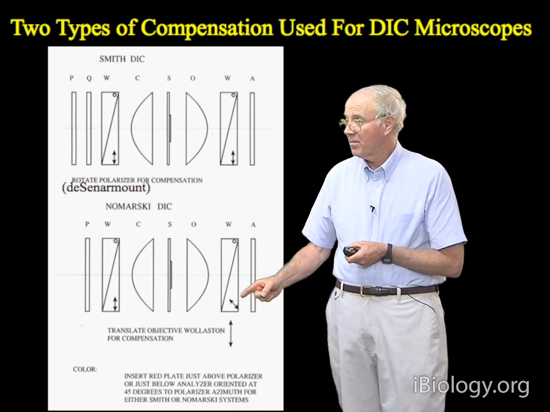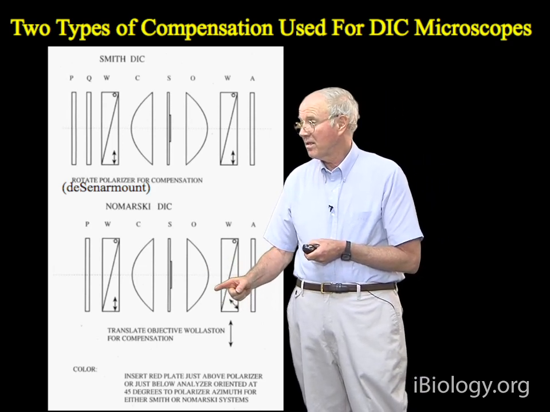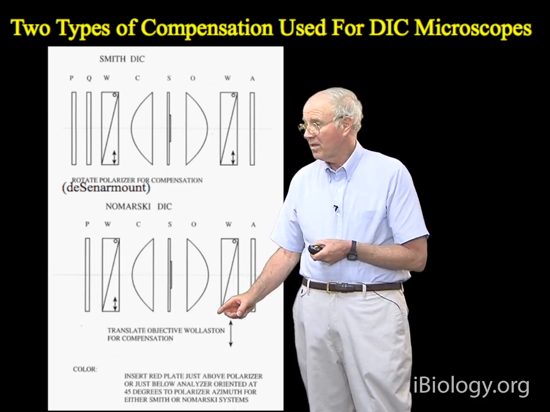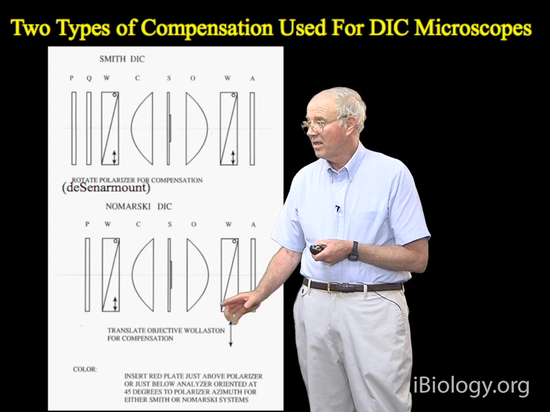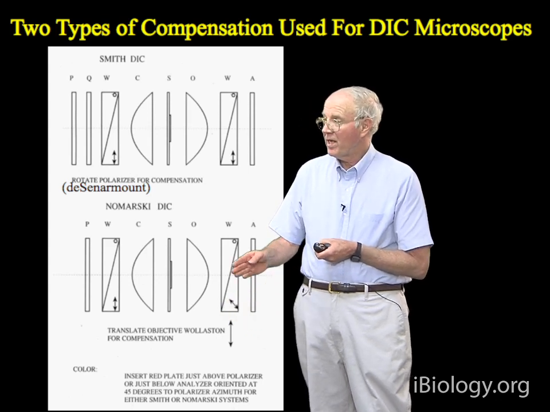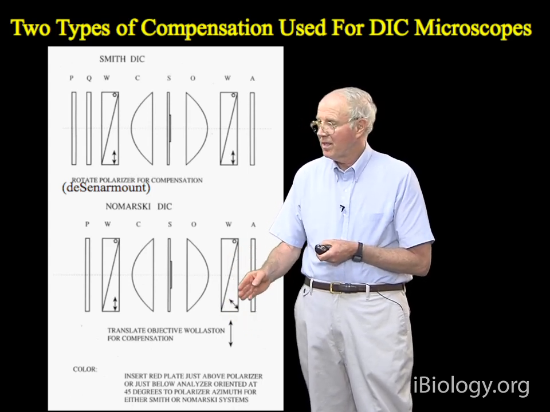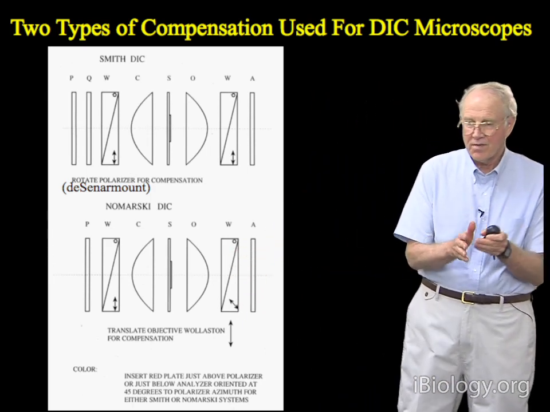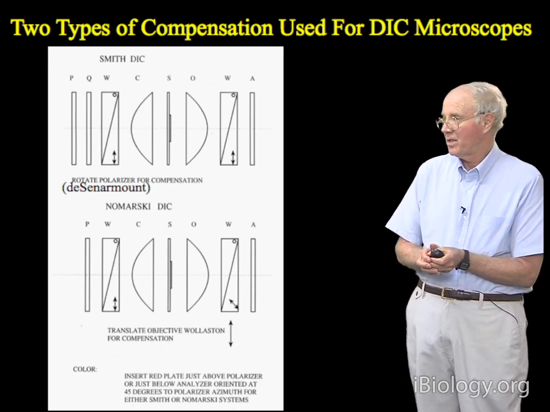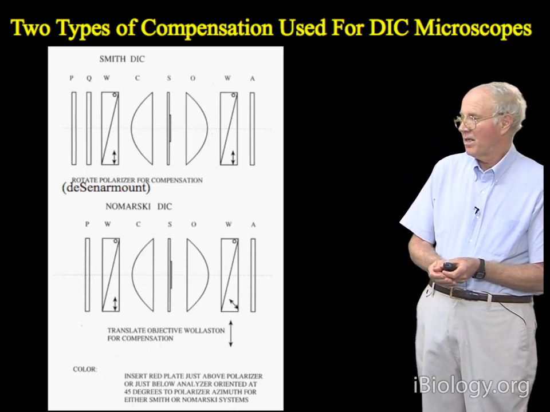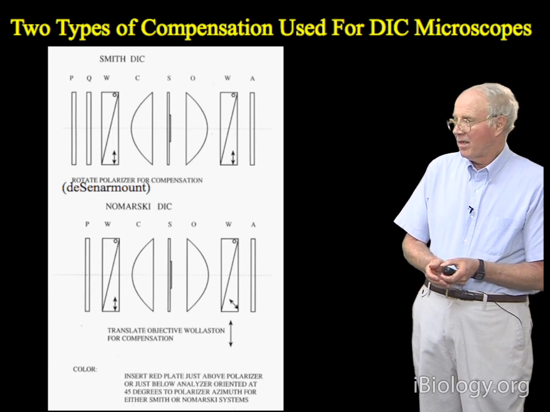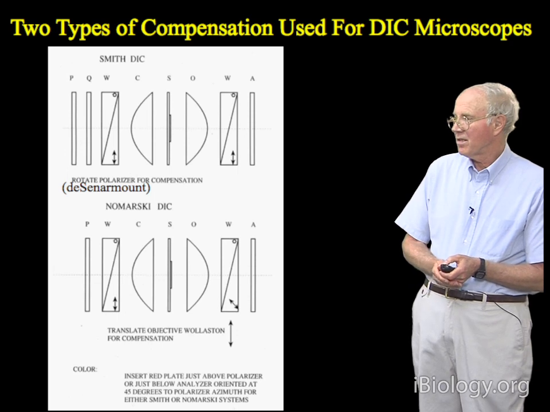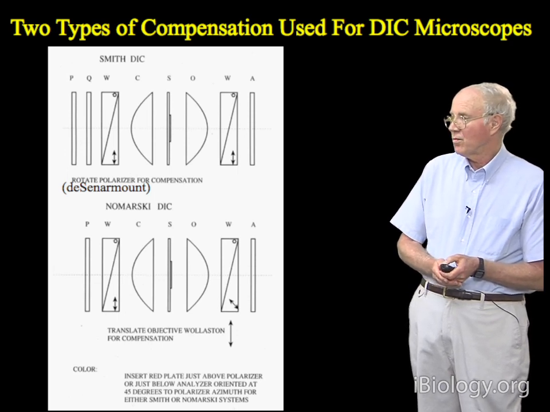And in Zeiss's initial implementation of this, and they still do this, because the prism is outside the objective, they could put a mechanical screw mechanism on it and translate the Wollaston back and forth to either positively or negatively compensate, advancing or retarding the E and the O waves relative to each other, and you didn't need the Descendamont compensator. And nowadays, it's still basically the two kinds of schemes that are used.